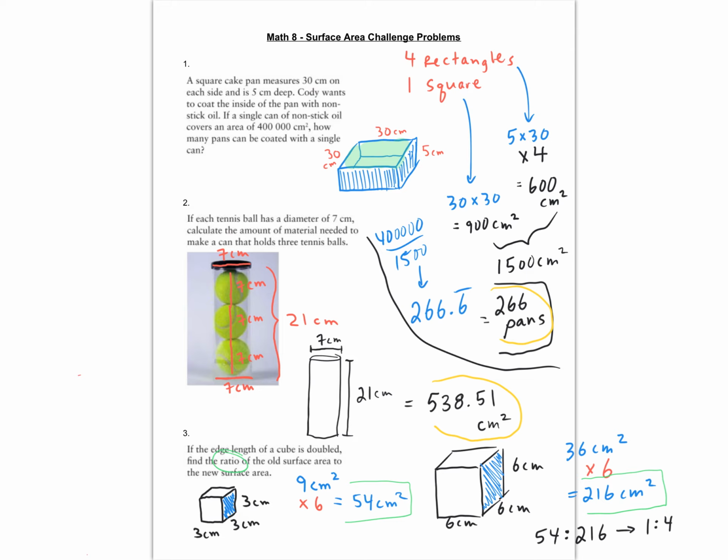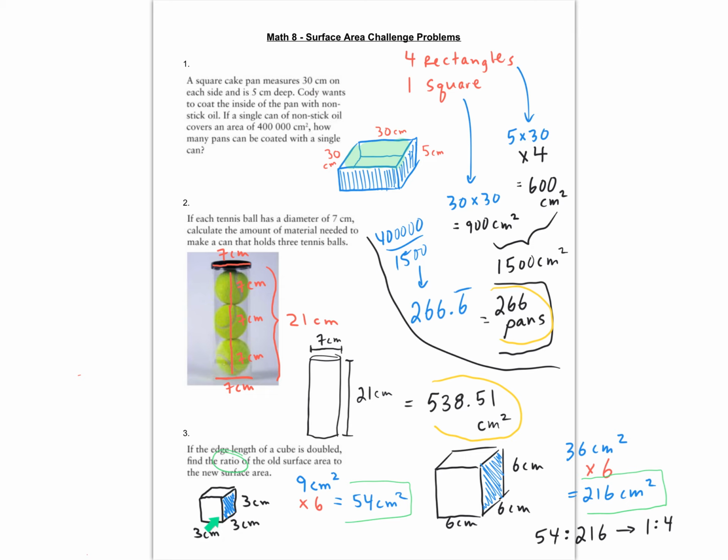So in other words, if we take a cube, okay, with side lengths 3 centimeters all the way around, its surface area is 54. Now, if we double the side length from 3 centimeters to 6 centimeters, the surface area of this cube is now 216. So it went from 54 to 216.